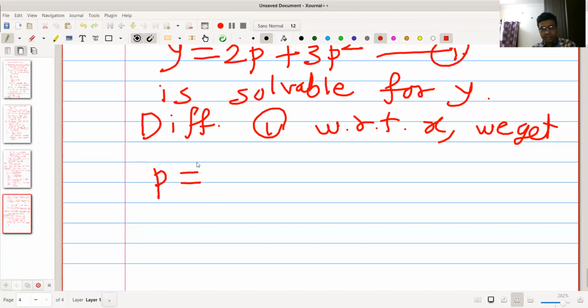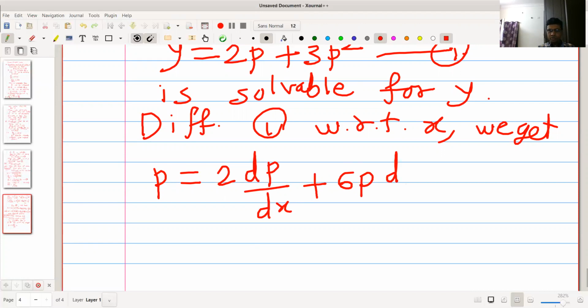And the right hand side is 2 into dp by dx plus 3p square, so it is 3 into 2, that is 6p, into dp by dx. We can simplify this: the right hand side is 2 plus 6p into dp by dx.